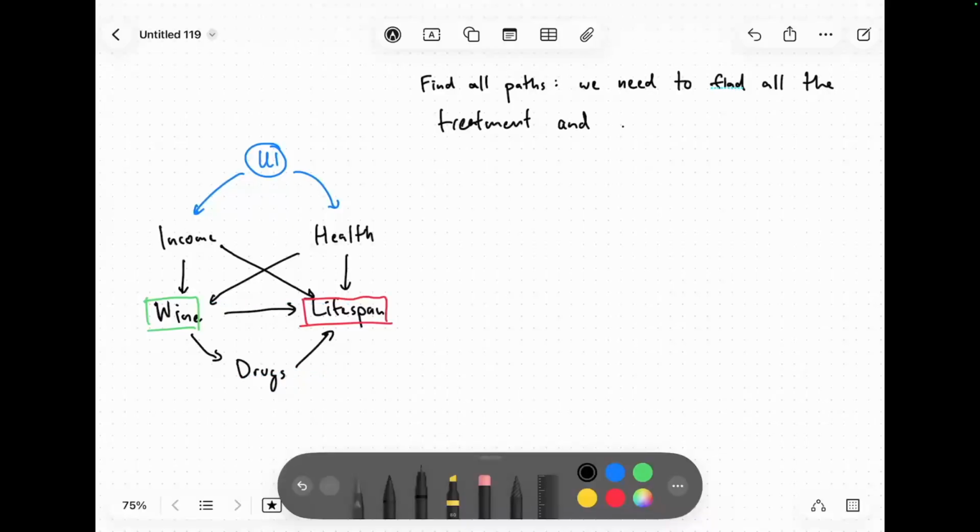We need to find all the ways treatment and outcome variables could be related.